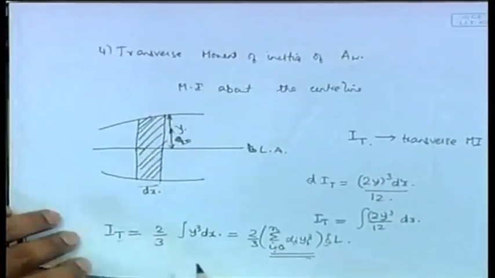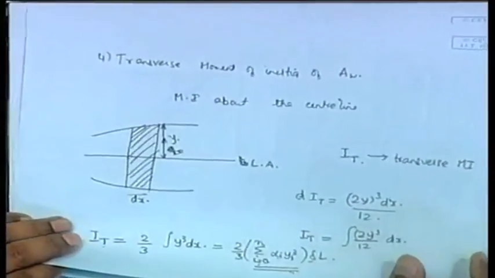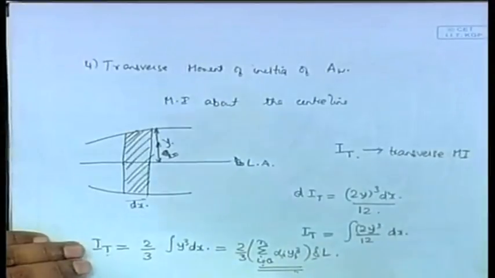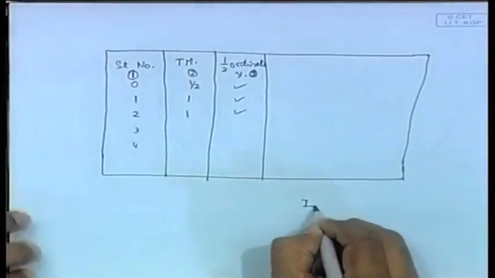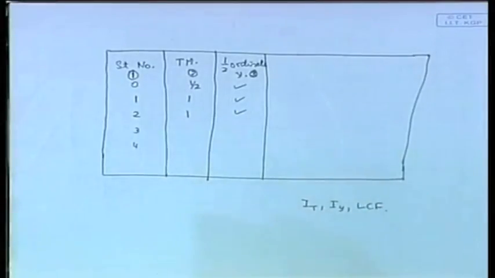I t is given by this formula, which we have done, and I y is given by this formula. So, these two things we need. You are also asked to find LCF. So, you are finding I t, I y and LCF, three things.